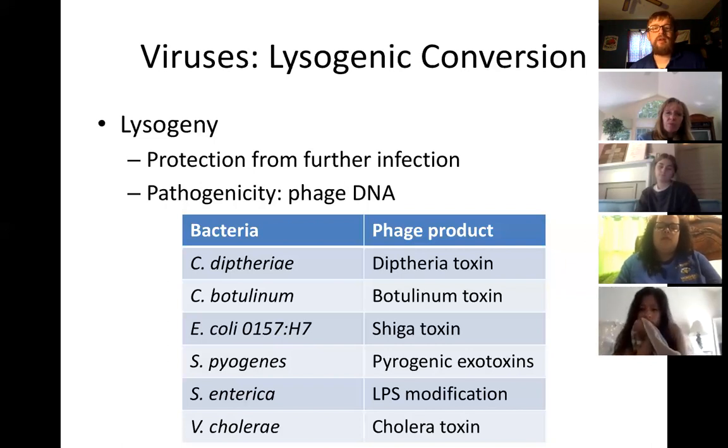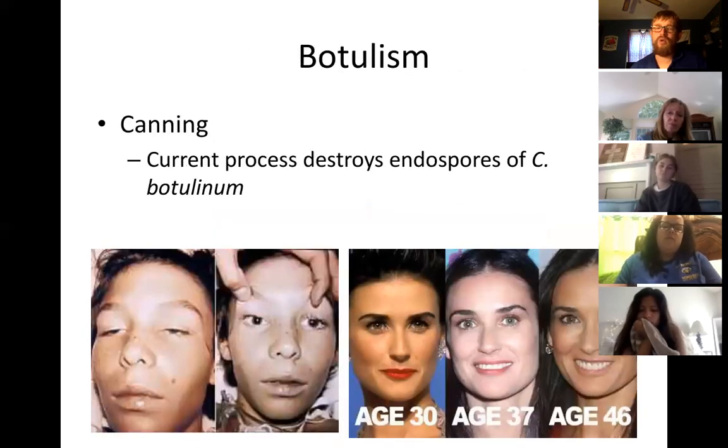It's not that these bacteria were necessarily bad before, but it's actually after this interaction with bacteriophages that they have been given pathogenic genes and capabilities. Okay, so kind of a cool little thing.